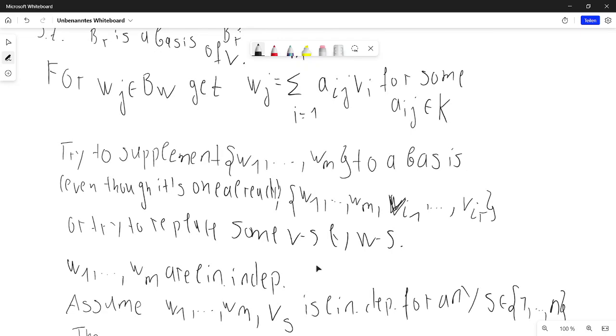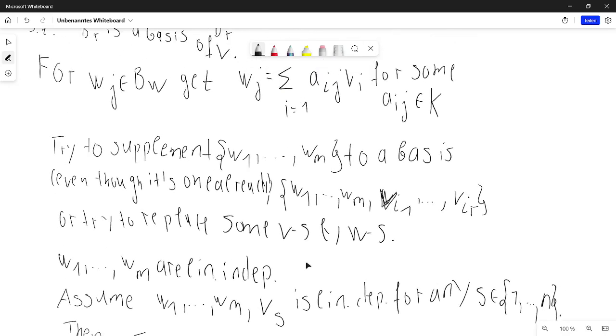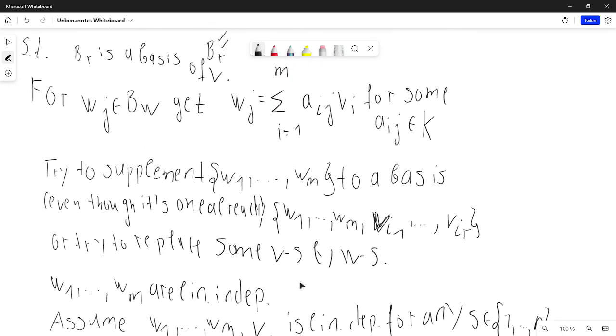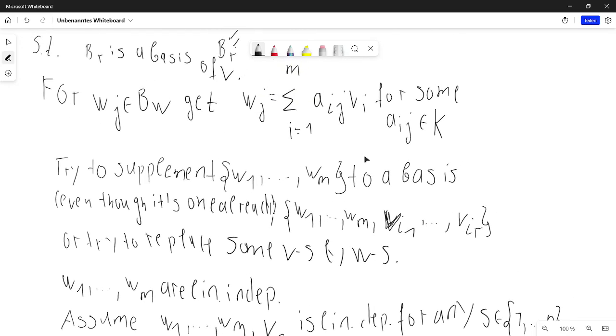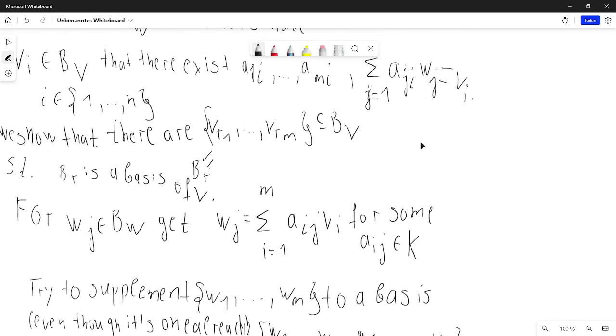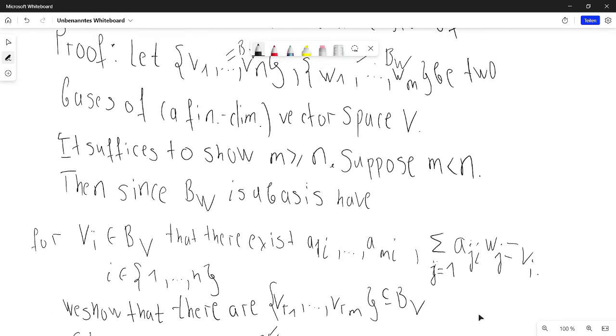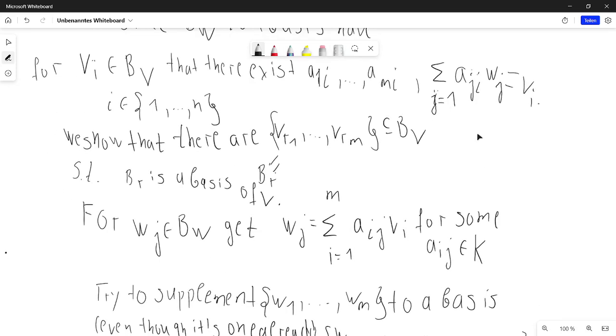W_j is the sum of A_ij V_i, from i equal 1 to n, V1, ..., Vn.